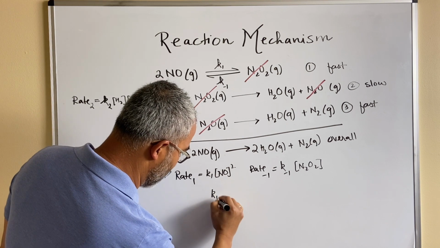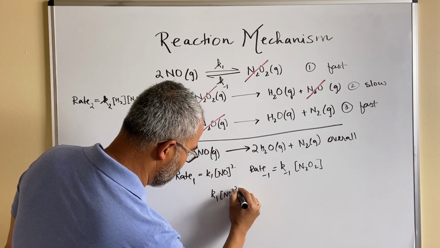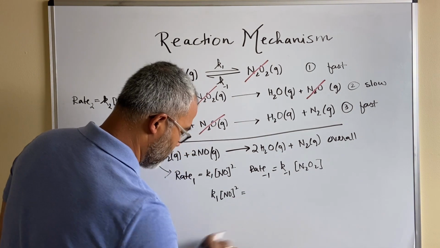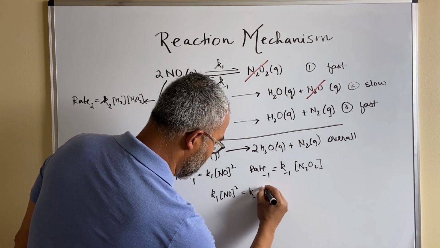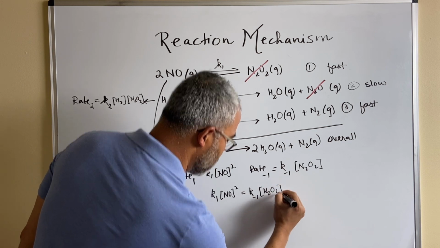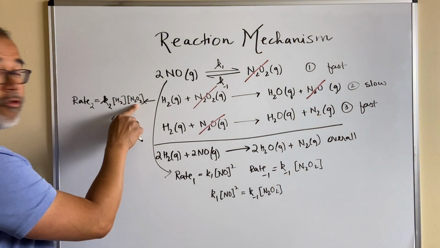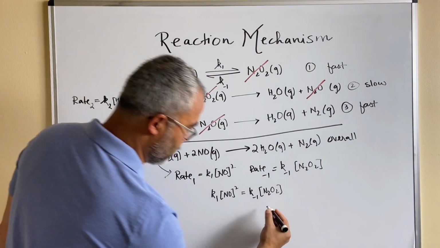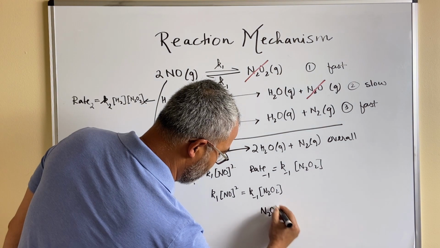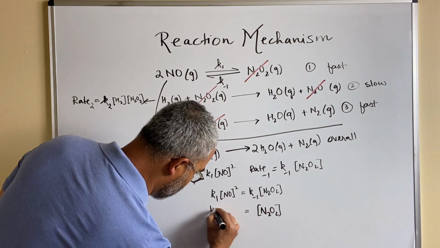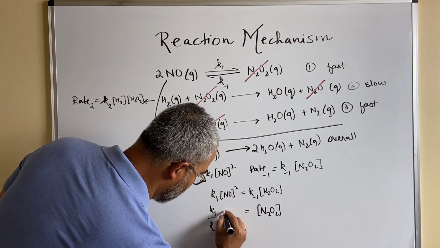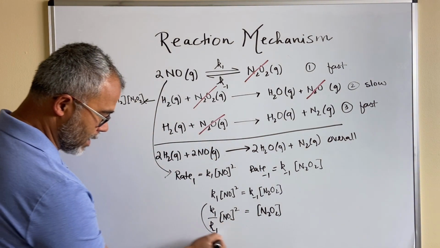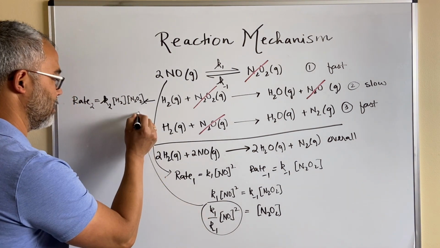So we can write K1 times NO squared is equal to K-1 times N2O2. Now, we're looking to replace N2O2, so let's isolate that term. We get N2O2 is equal to K1 over K-1 times NO squared. Now let's take that and plug it in here.